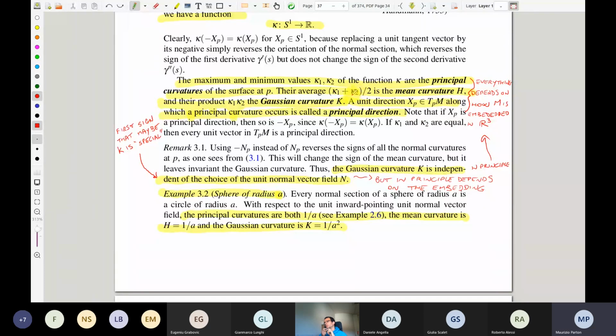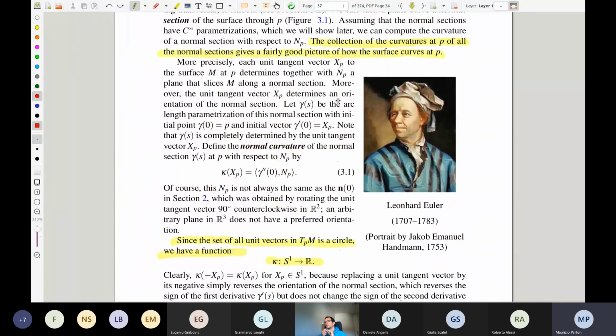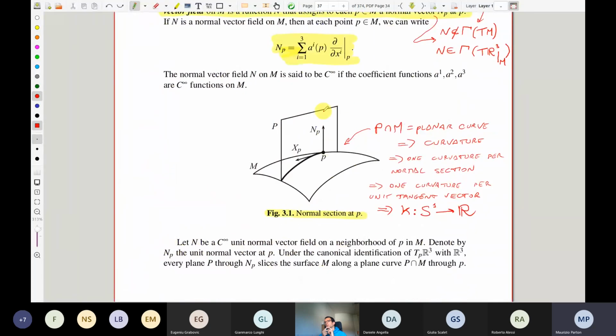If you reverse the normal direction, because remember, this is done with a normal choice, okay? This is a normal vector of the surface in R3, and we can reverse it. We can choose the opposite. Well, if you choose the opposite, what happens to each single curvature, to K1 and to K2?